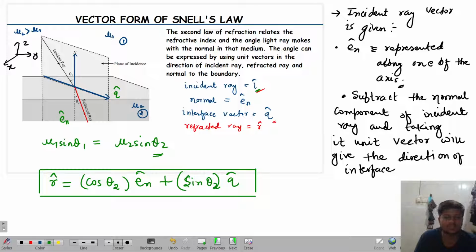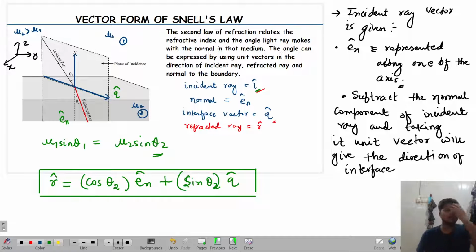Tell me yes or no. The direction of this normal you can represent by a negative sign over here, and at that time you can write it in a perfect way. So it's not a problem. The negative sign is just showing the direction, or not. Tell me yes or no. So you can write the particular equation out of it.